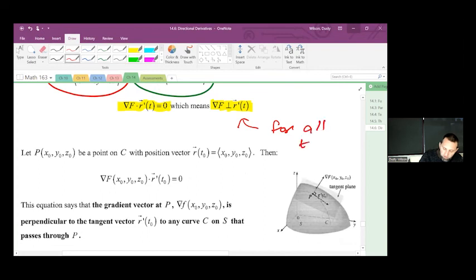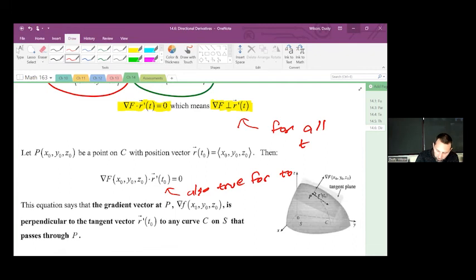For all t. So if it's true for all t, it must also be true for t naught. So this equation says that the gradient vector at P, the gradient of f at x naught, y naught, z naught, is perpendicular to the tangent vector r prime of t naught to any curve C on S that passes through P. There's a lot going on here.